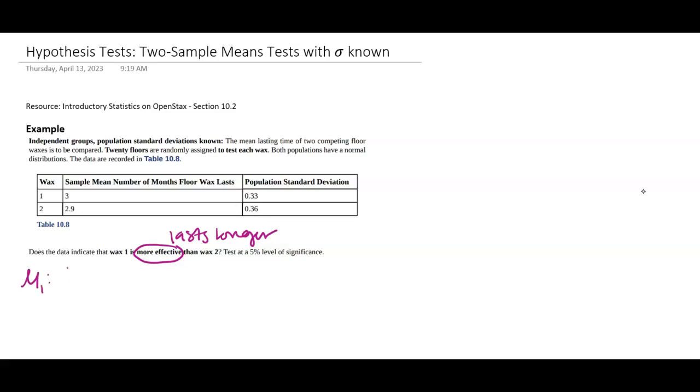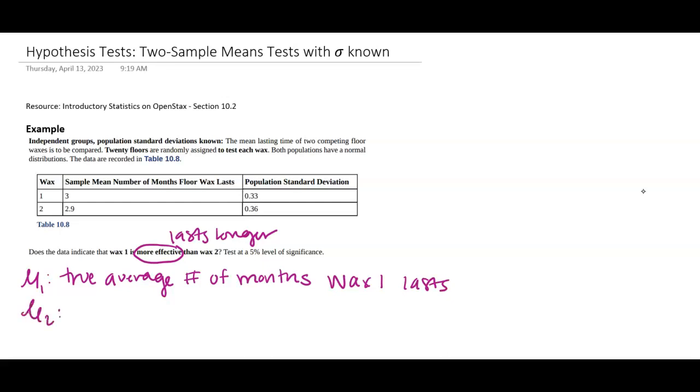Mu1 is going to be the true average number of months wax 1 lasts, and mu2 is going to be the true average number of months wax 2 lasts.